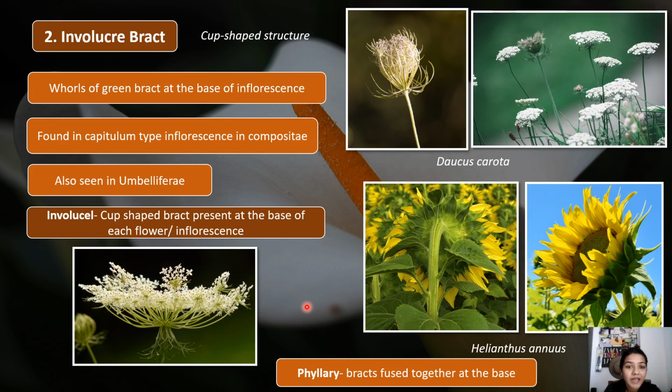So I hope that involucre bract is clear with you. These are the cup shaped structures present below the inflorescence or below a flower of usually the Compositae family and Umbelliferae family, right.